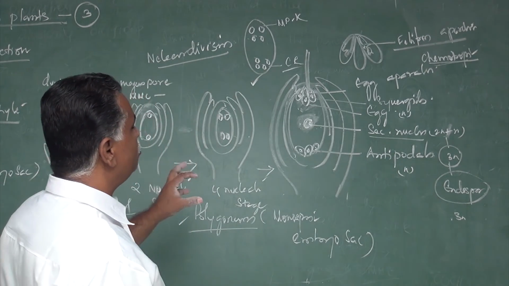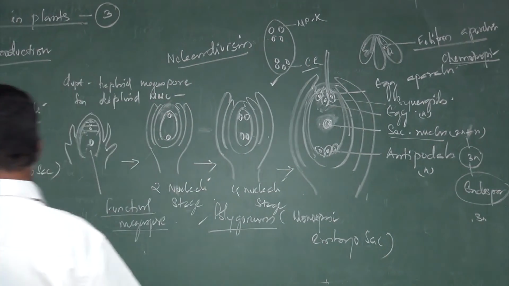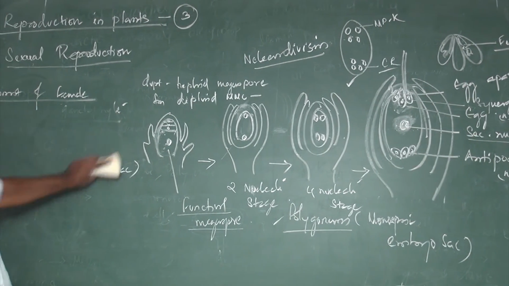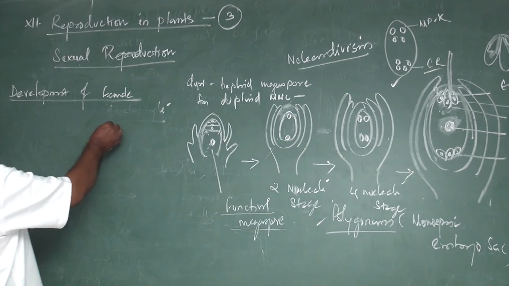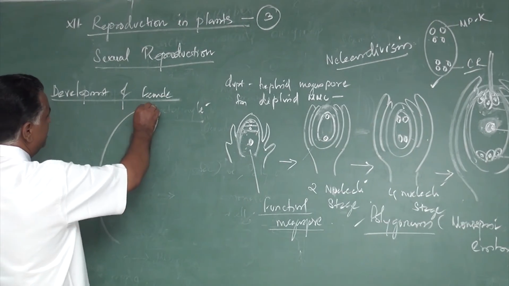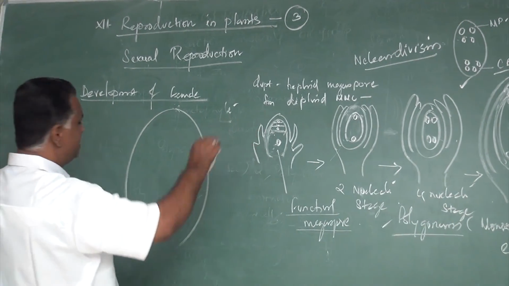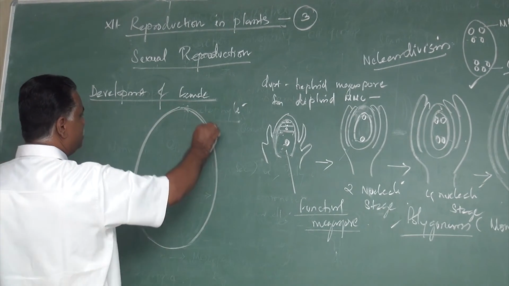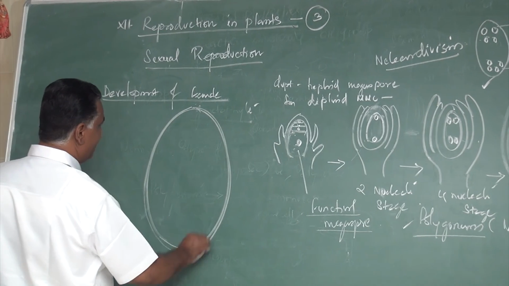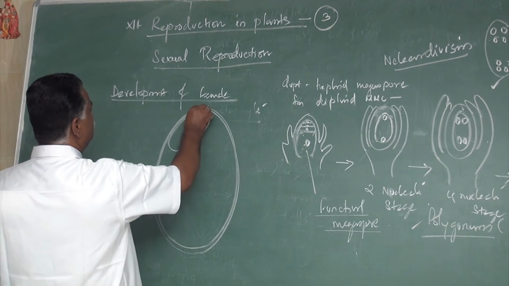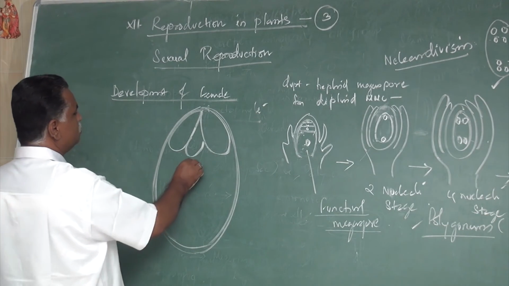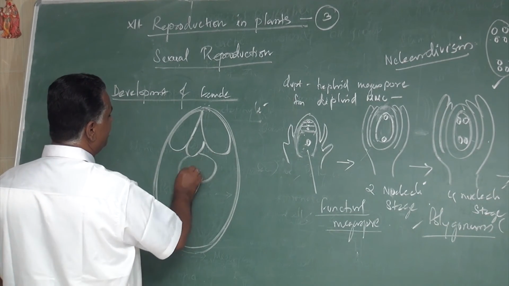This is the development of the monosporic embryo sac. We will see how it has been depicted in the text. See, embryo sac, polygonum type. You see, this is the embryo sac. This is the diagram as given in the text. See that egg apparatus, and here they have given the secondary nucleus.